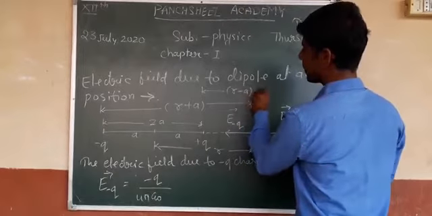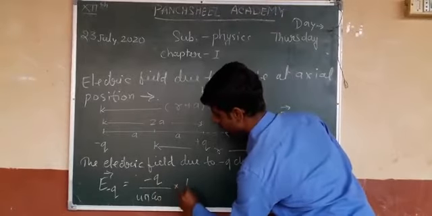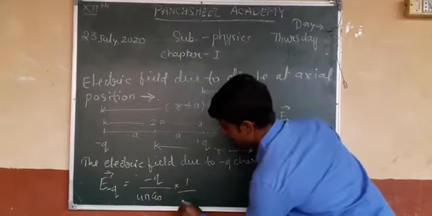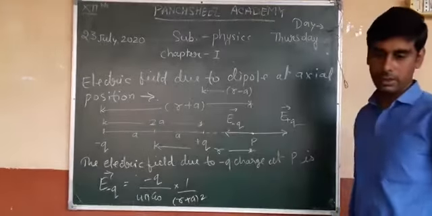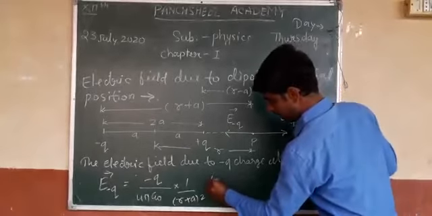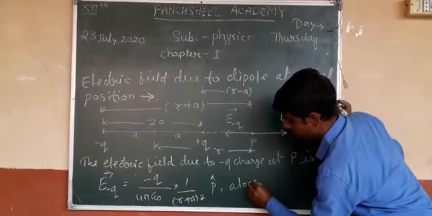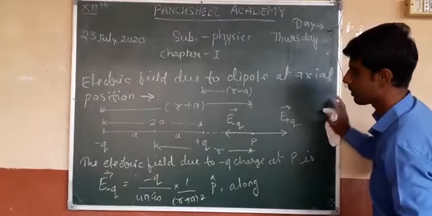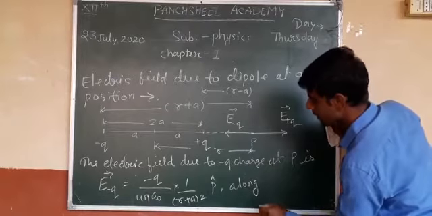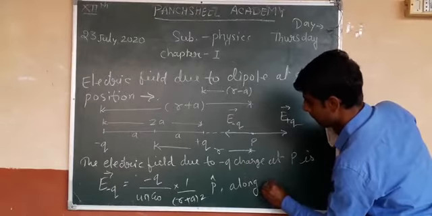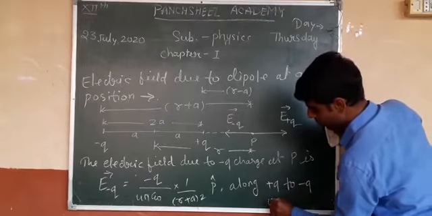So minus q upon 4 pi epsilon naught times 1 by (r plus a) whole square, P cap, along plus q to minus q charge.